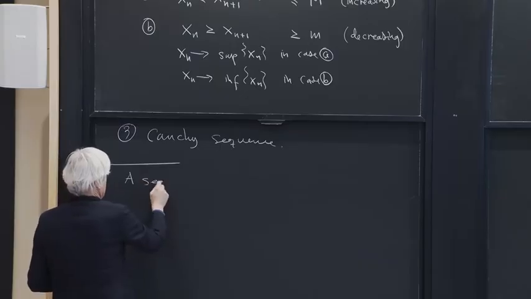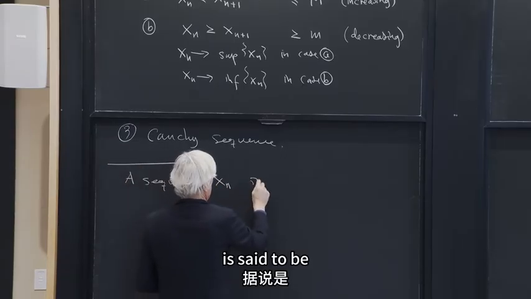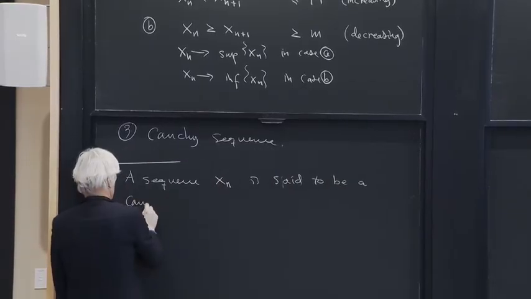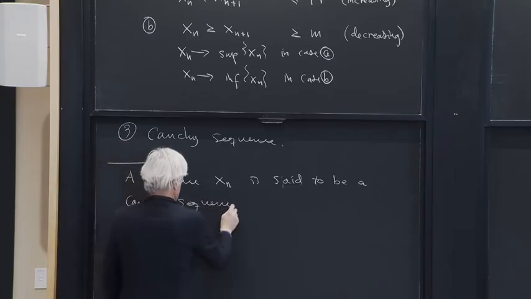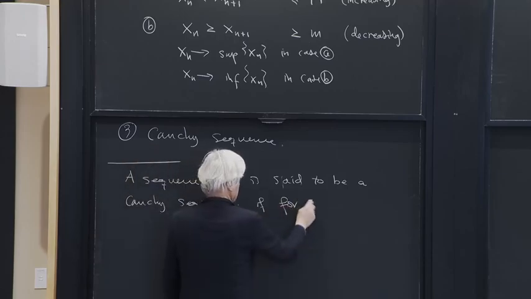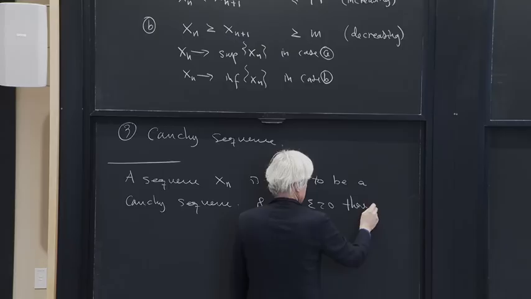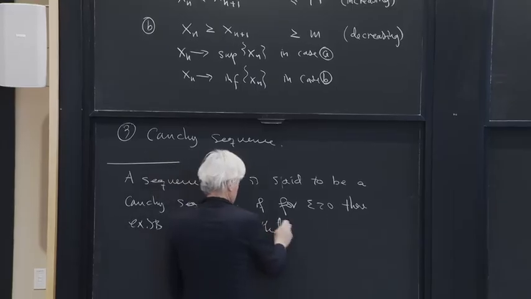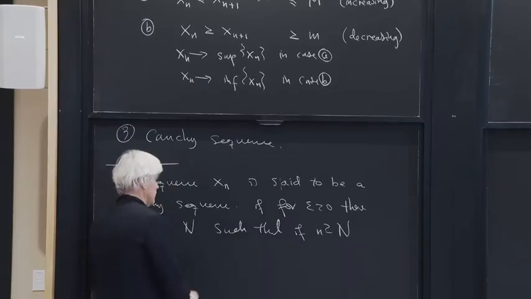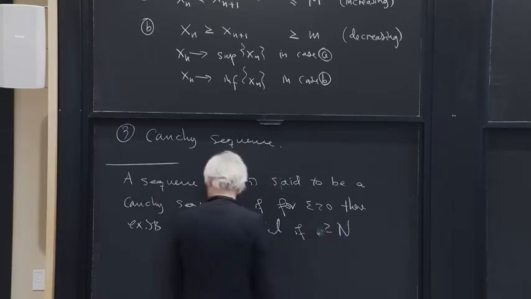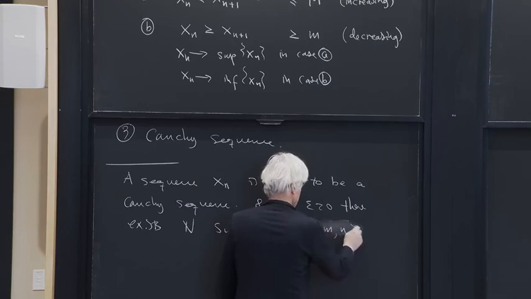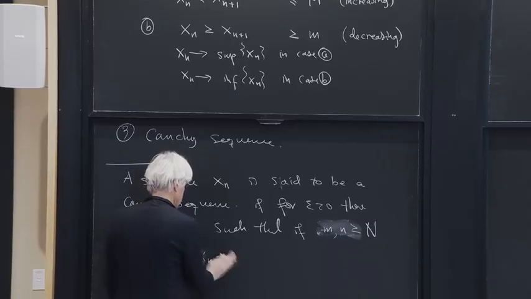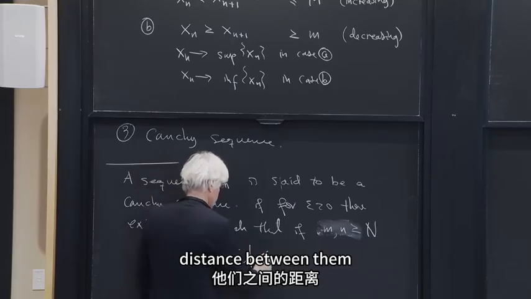A sequence xn is said to be a Cauchy sequence if for all epsilon greater than 0, there exists capital N such that if little n and little m are bigger or equal to capital N, then they are epsilon close together: the distance between xn and xm is less than epsilon.